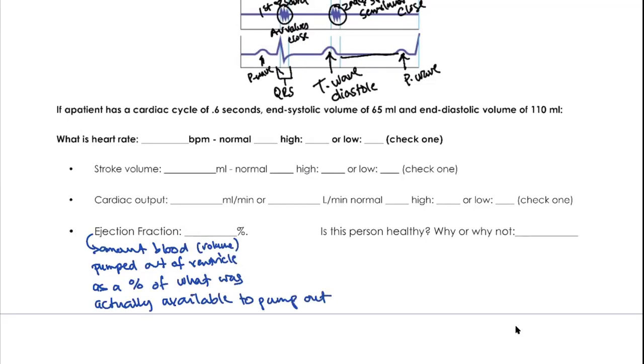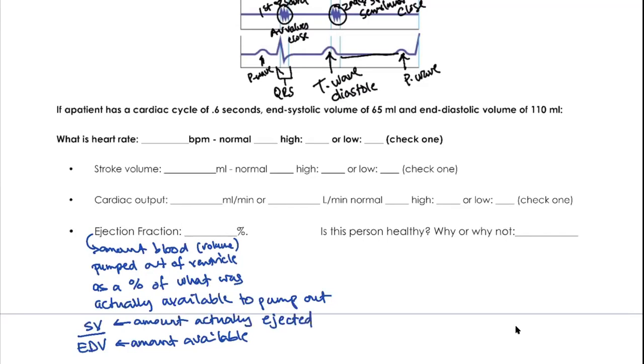Right, so it's a percentage. So what this actually means is you look at stroke volume, which is how much is pumped out, divided by end diastolic volume, which is how much you had, right? So the amount available and the amount actually ejected.